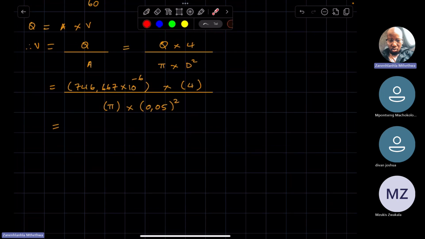Because all the quantities are in standard units of measurement, whatever you get will be in meters per second. So what do we get here?